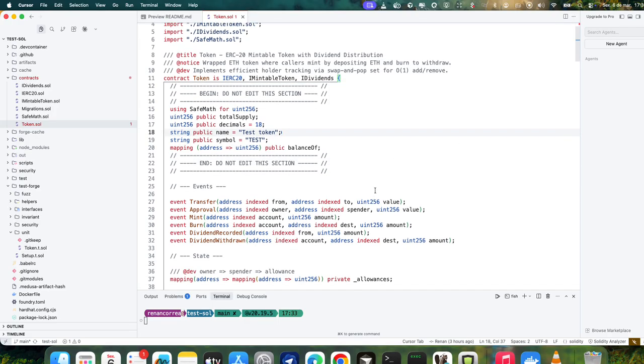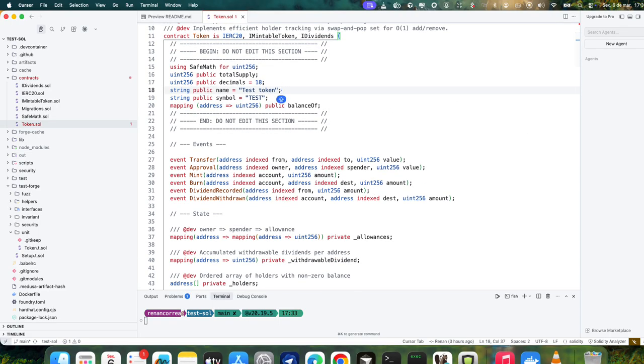This is safe math for Solidity 0.7, which doesn't have built-in overflow protection. Below that, I defined 6 events: Transfer, Approval, Mint, Burn, DividendRecorded, and DividendWithdrawn.